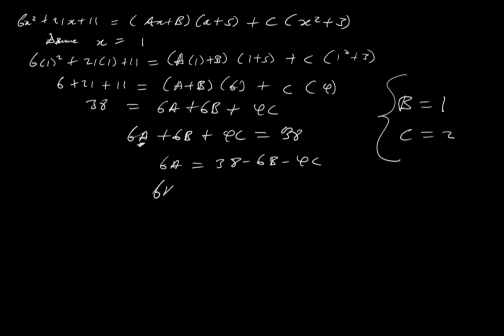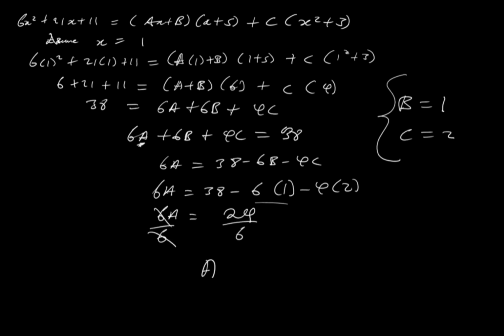So 6a is equal to 38 minus 6, b is 1, c is 2. So 6a is equal to, if you do the simple math, you will find that upon simplifying this side, you end up having something like 24. Since you're interested in a and not 6a, divide both sides by 6, and the value of a in turn will just be 4.